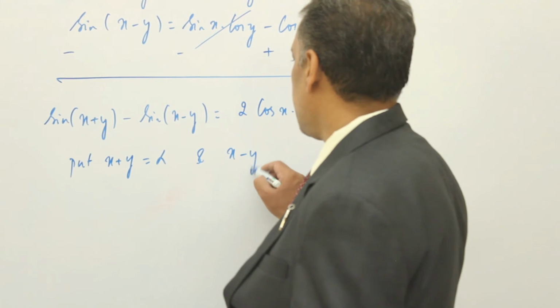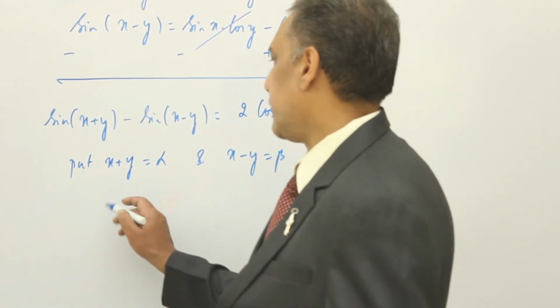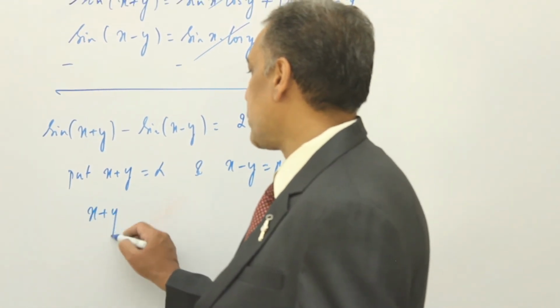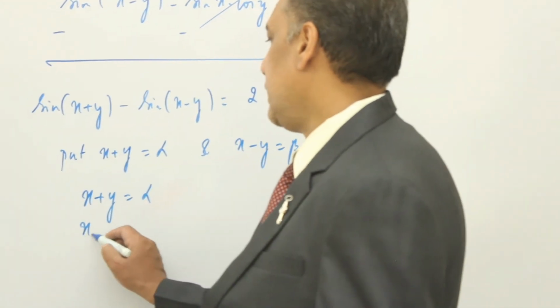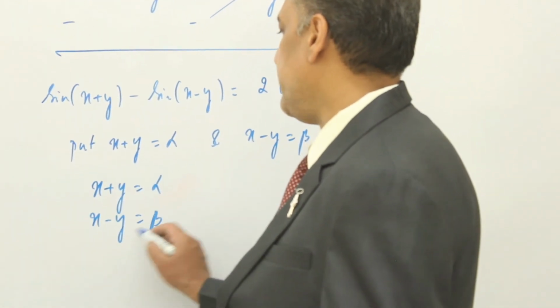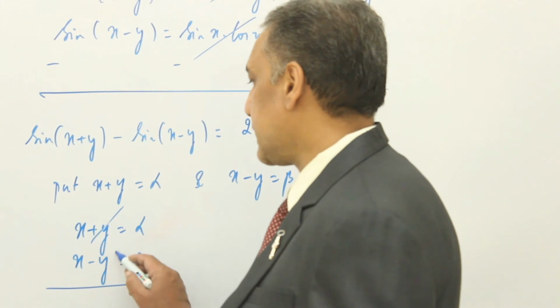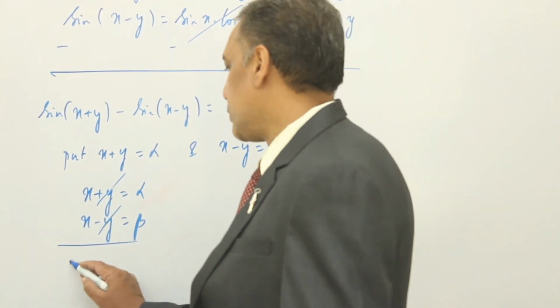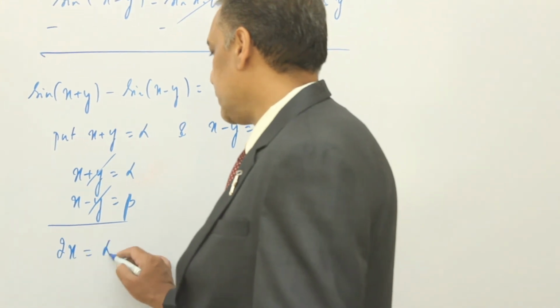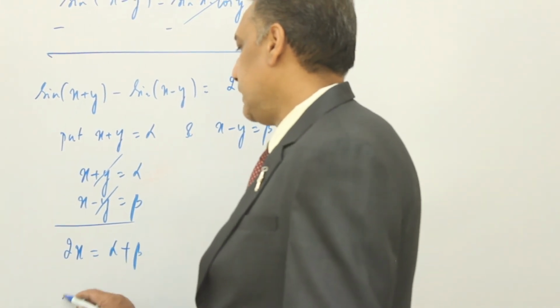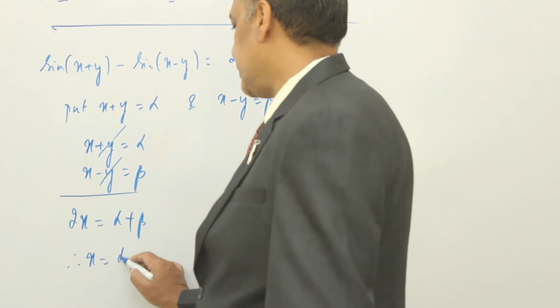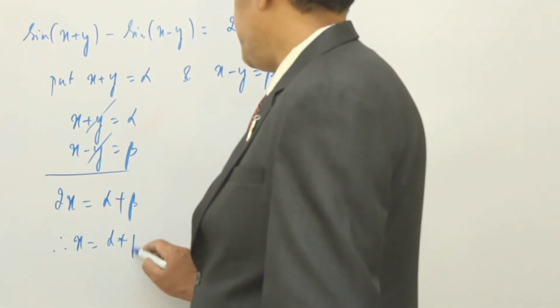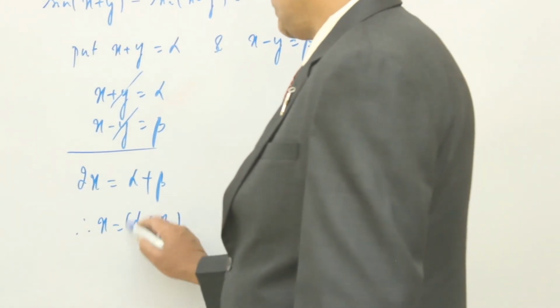and x minus y is equal to beta. So adding x plus y equal to alpha and x minus y equal to beta, plus y and minus y get cancelled. So 2x will be equal to alpha plus beta. Therefore x will be equal to alpha plus beta by 2.